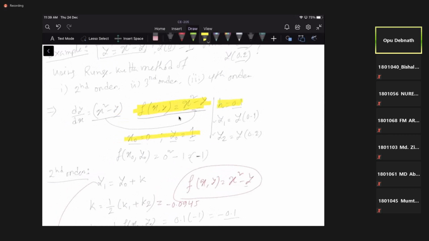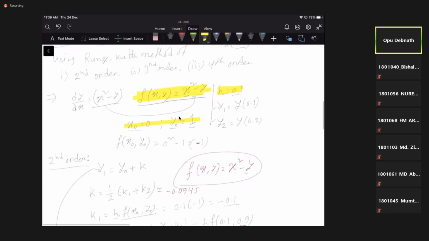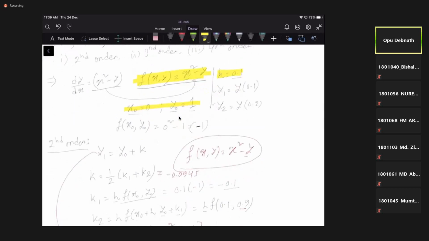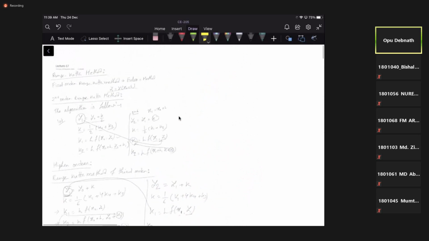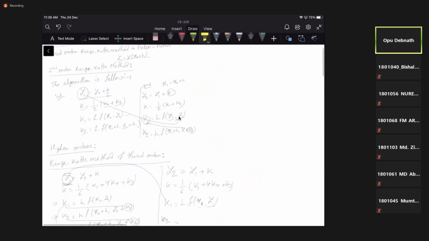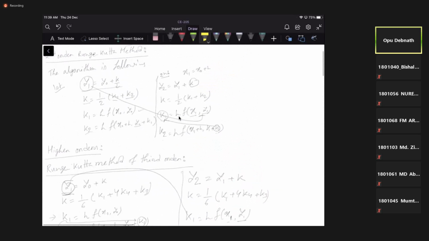Choose any reasonable value of h, and then depending on the order, whether second, third or fourth order, you need to recall the corresponding set of equations. For second order I am using these equations.